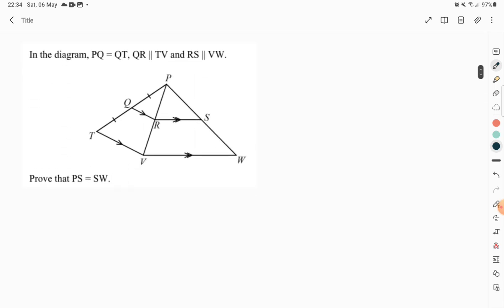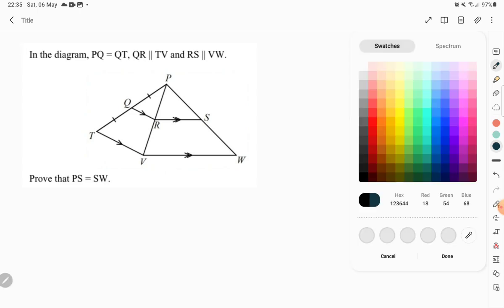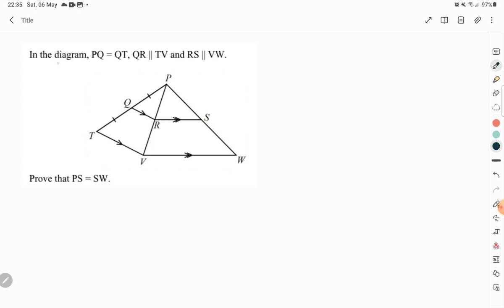Now in question number 1, in the diagram here, we have PQ, which is equal to QT. So this line is equal to that line. We have that information over there.